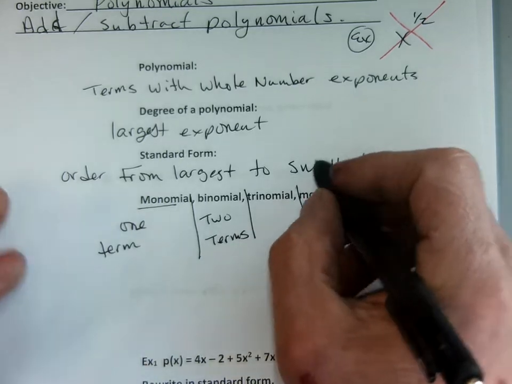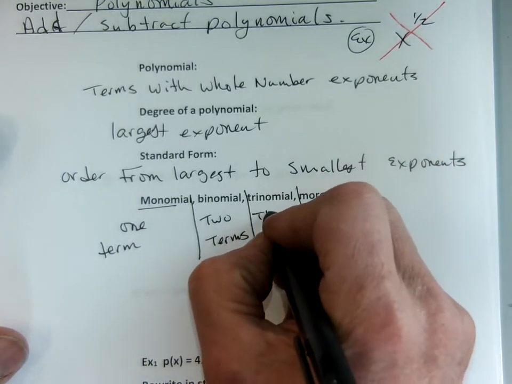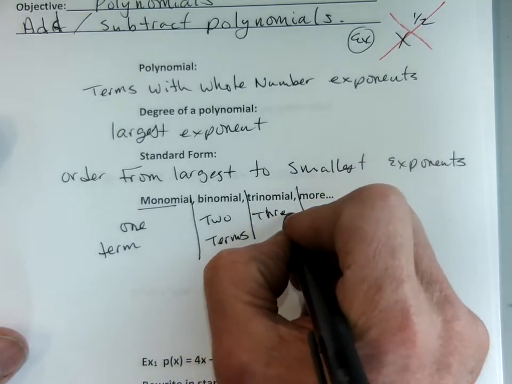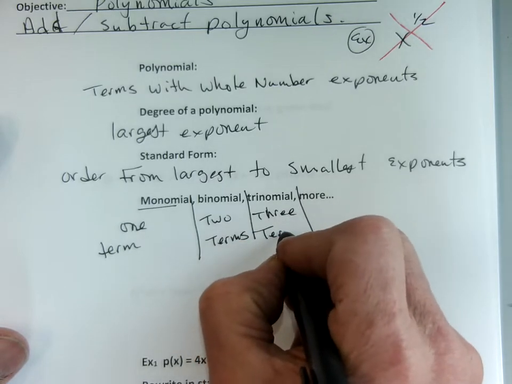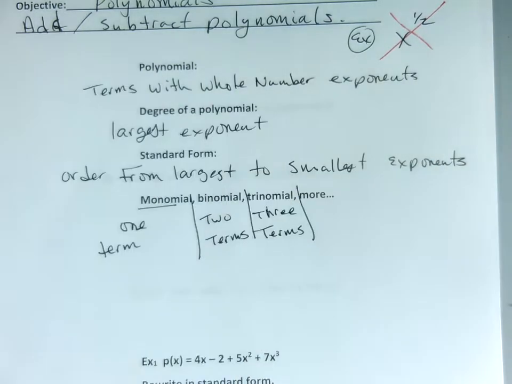Trinomial, three terms. And then we stop giving them names. We're not going to call it a quadnomial or a pentanomial or a hexanomial or a sexanomial. Oops, that sounds like a bad word, doesn't it? I don't want to invent these words. I just teach them, okay?